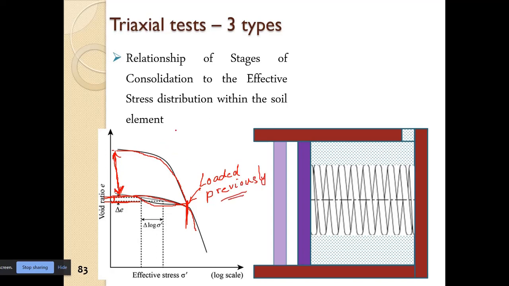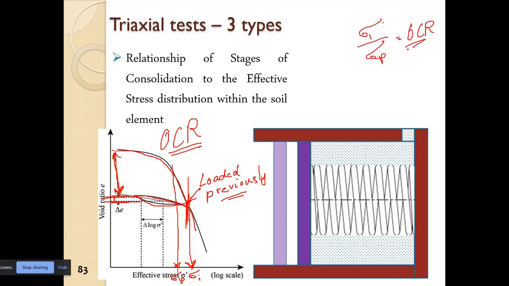So that is how we define the over consolidation ratio. If the soil is loaded up to this point now, but previously it was loaded up to this point, so sigma initial, and this is sigma present, then sigma initial by sigma present is the over consolidation ratio in this case.